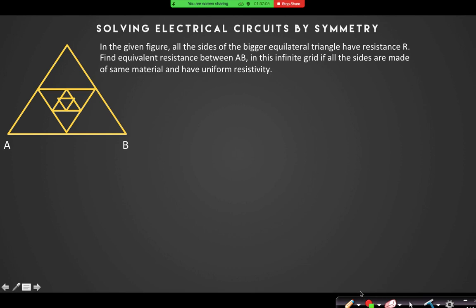It is given that in this infinite grid, all the sides are made of the same material and have uniform resistivity, and the same cross section actually. It should also be mentioned here. Try to solve this at home. These are infinite circuits. We have solved an infinite circuit in the last class. Use a similar concept.